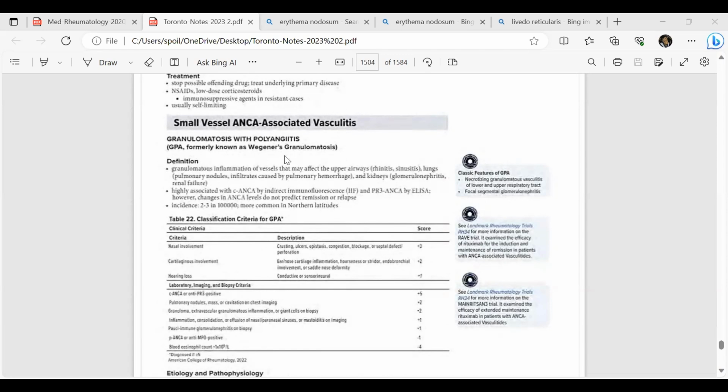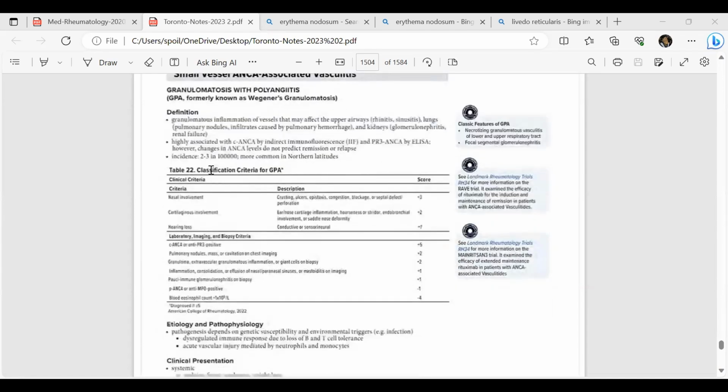In small vessel ANCA vasculitis we will see pulmonary nodules, infiltrates, pulmonary hemorrhage, glomerulonephritis, and renal failure. It is highly associated with cANCA by indirect immunofluorescence and PR3 ANCA by ELISA. However, changes in ANCA levels do not predict remission or relapse.